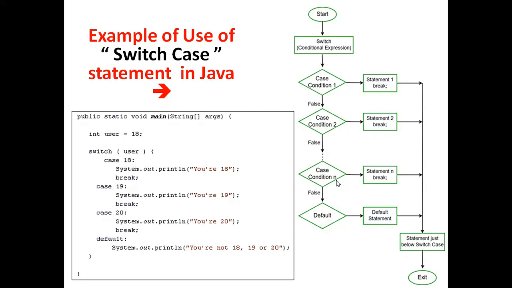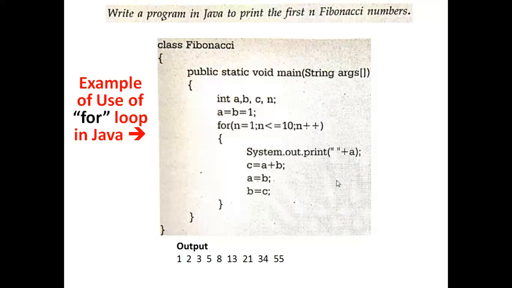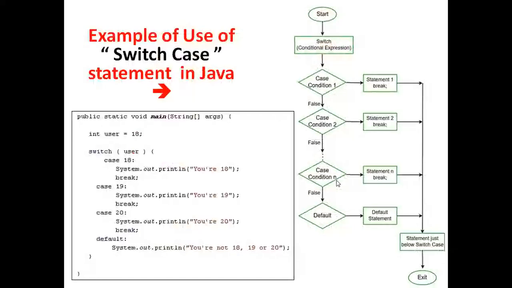The system.out.print will print UR18, and break. After break, it will directly move outside the switch case. If we put user as 25, there is no case having the number 25. Therefore, the default case would have been executed. This is the use of switch case.